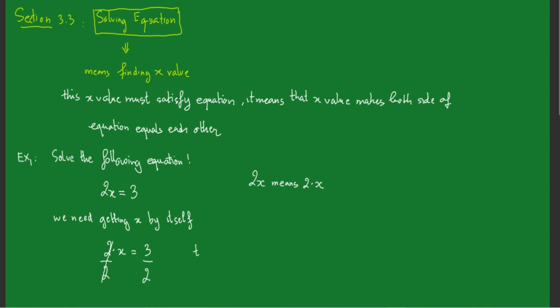What you have left is just x on the left hand side, equal to 3 over 2 on the right hand side.